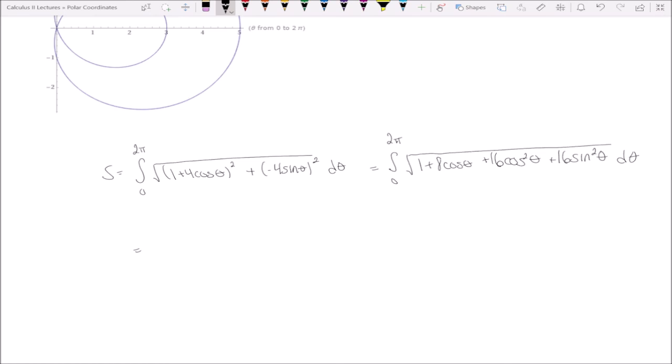Well, 16 cosine squared plus 16 sine squared is 16. So you get the square root of 17 plus 8 cosine of theta. Now that cannot be done analytically.